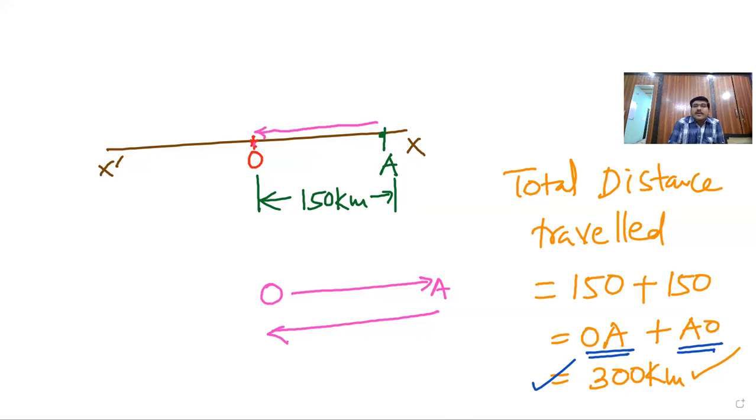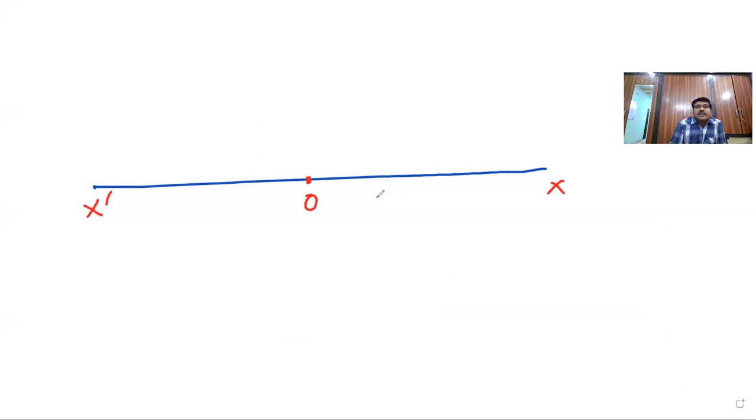Suppose another example I take. This is the origin, the positive x-axis, and the negative x-axis. Initially, the object has moved up to the point P. Let us say 30 kilometers path length.